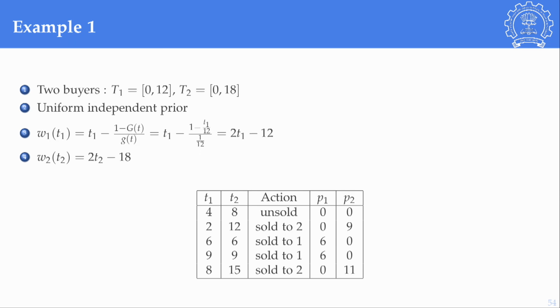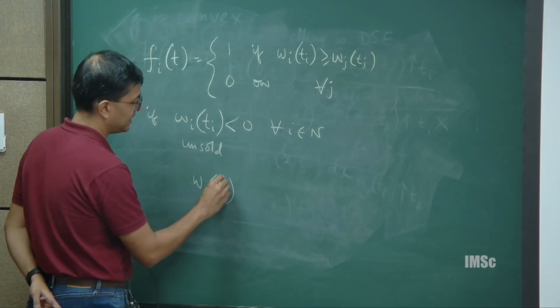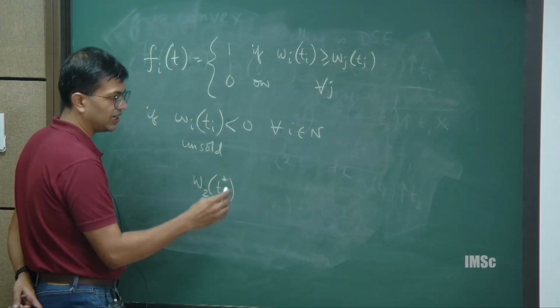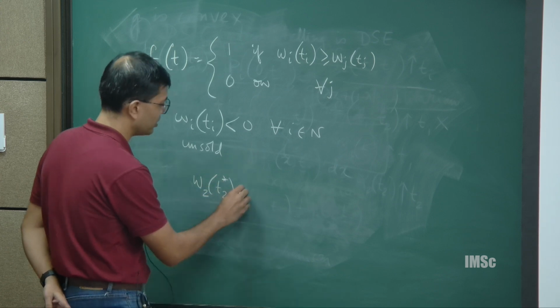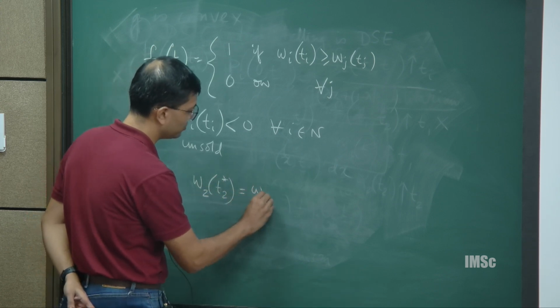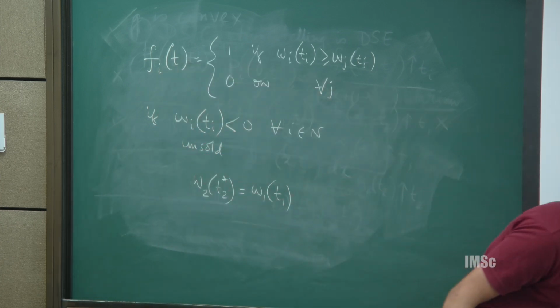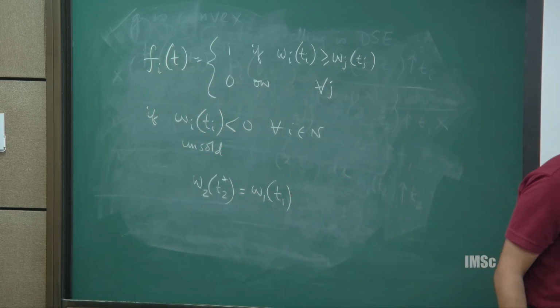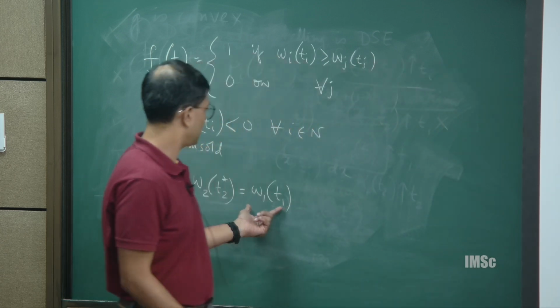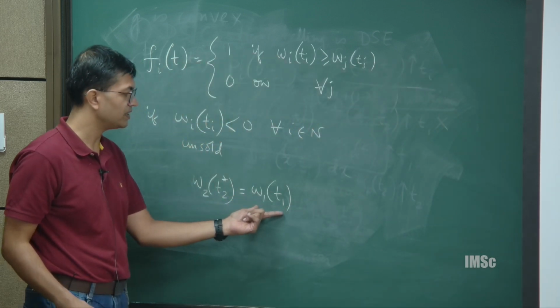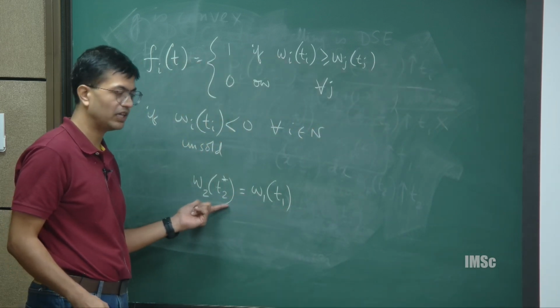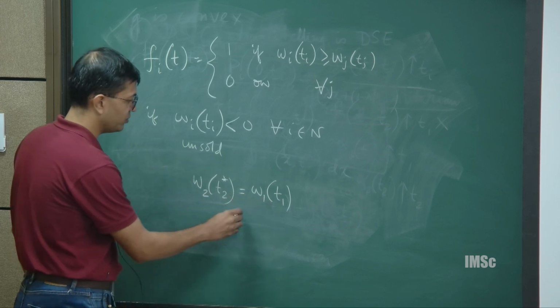So the idea is that W2(T2), let us say I call that point T2 star, that is the point where it starts becoming the winner. This has to be equal to W1(T1), which is given here, right. So if the other agent's type is T1, which is 8 here, I will have to at least bypass that value in terms of my own virtual valuation, otherwise I will not become the winner.